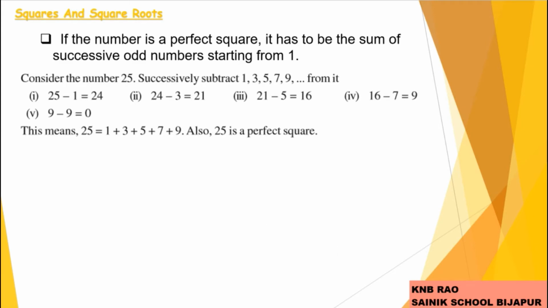Next, before the third pattern, the use of this sum of the first n odd natural numbers being n square is checking whether the given number is a perfect square or not.